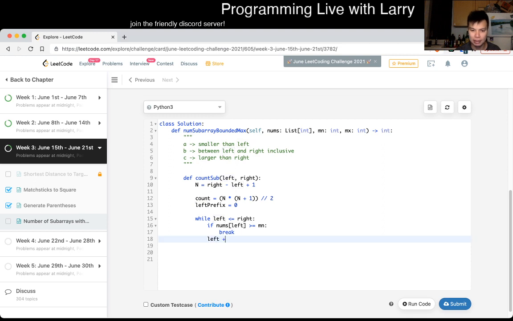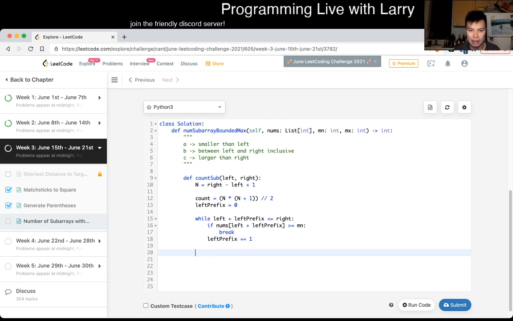Otherwise left plus plus. Something like this maybe. And this will give us the number of digits that this is true for. And then count, we subtract from left prefix times left prefix plus 1 over 2. Maybe we should put this in a function, but should be fine.